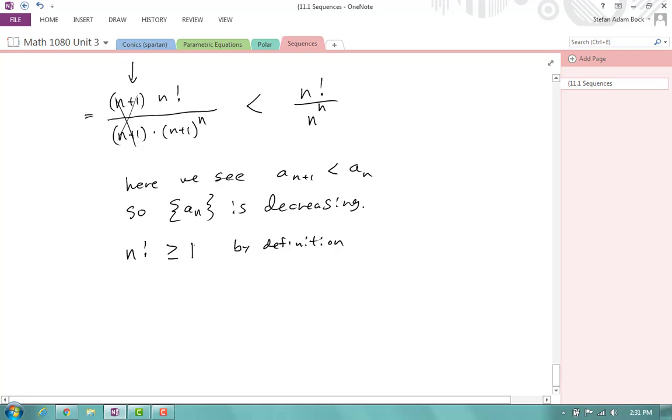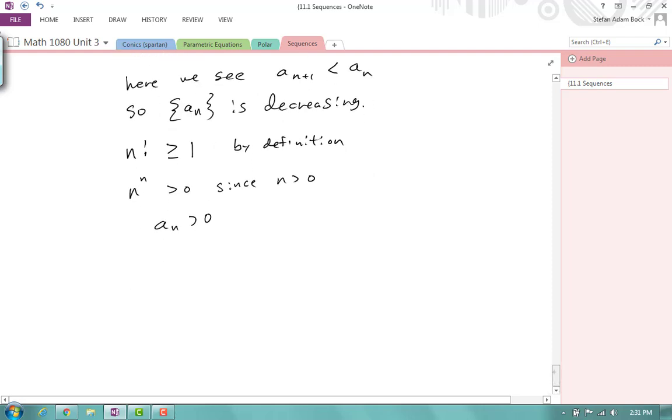And if I had negative 1 factorial, that's basically kind of cheating, so I just make that equal to 1 as well. And similarly, n to the n is greater than 0, since n is greater than 0. It's also very poorly defined if n is less than 0. So my a sub n's are all positive, so it's bounded below.